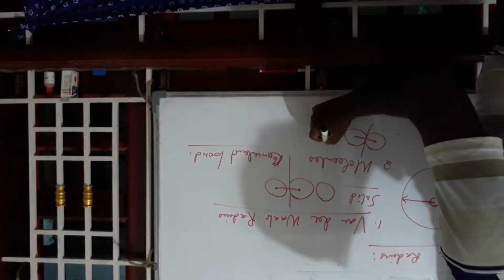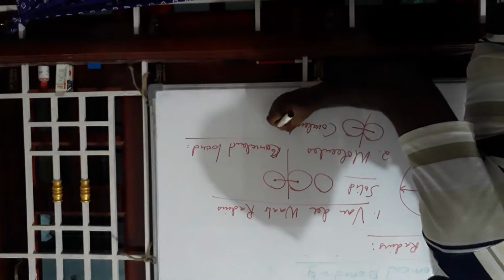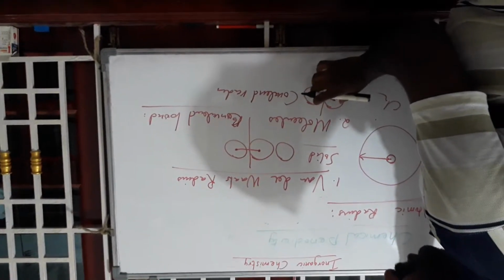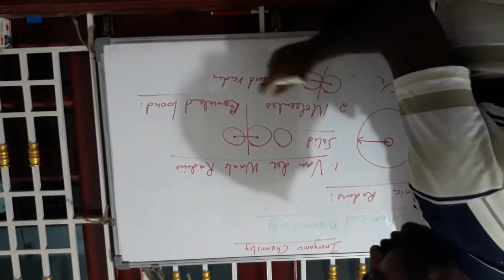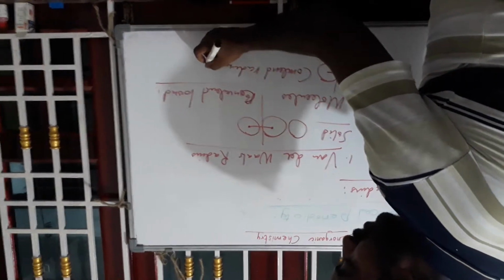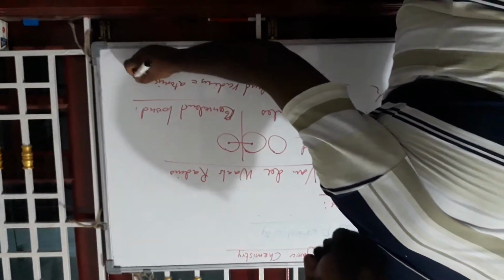Here, covalent radius. Half of the bond distance, or covalent bond distance, is called covalent radius. That is equal to atomic radius.